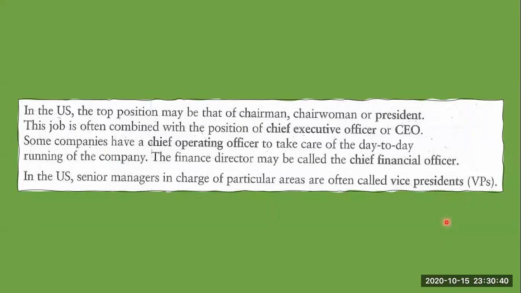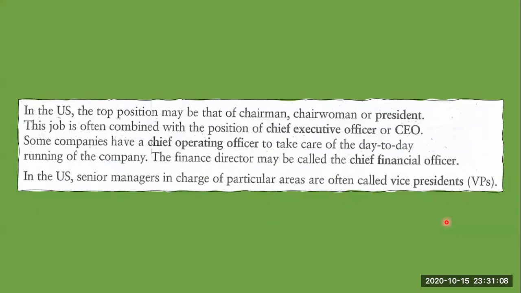So in the United States, the top position may be that of chairman or chairwoman or president, just like we just read in the England chart. The job is often combined with the position of Chief Executive Officer or CEO. Some companies have a Chief Operating Officer to take care of the day-to-day running of the company.